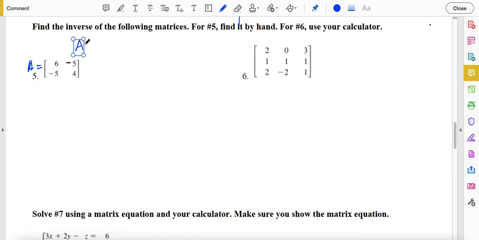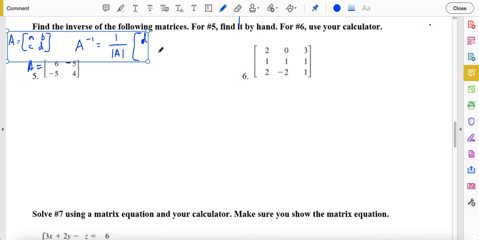A inverse equals 1 over the determinant of A times the rearranged version of A. So if A were the 2 by 2 in the arrangement A, B, C, D, like so, then A inverse would be 1 over the determinant of A times the rearranged version of these cells. So the A and the D switch, so D goes in the top left and A goes in the bottom right.